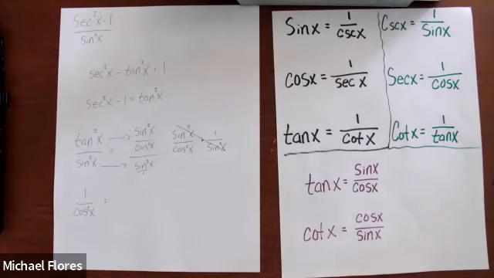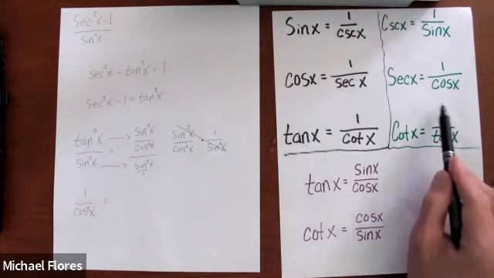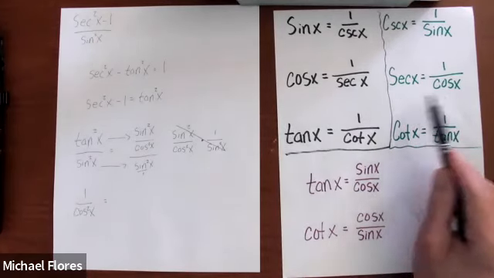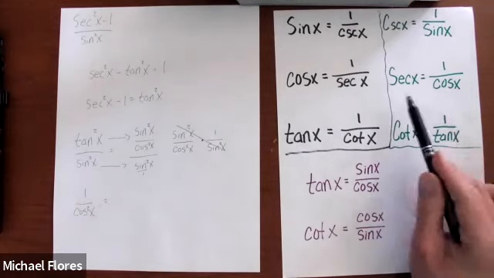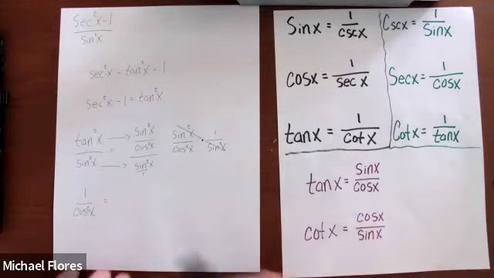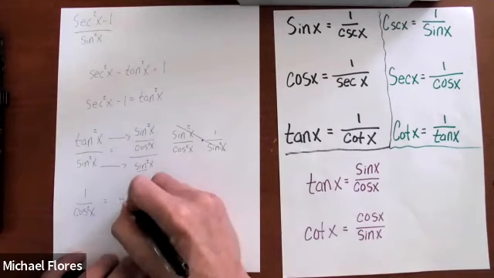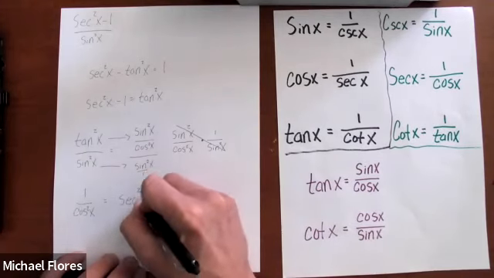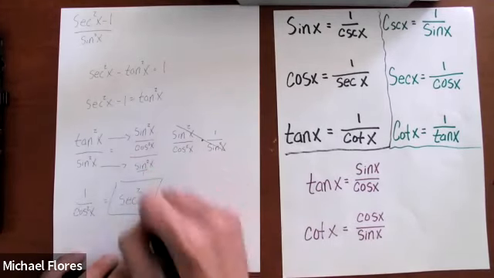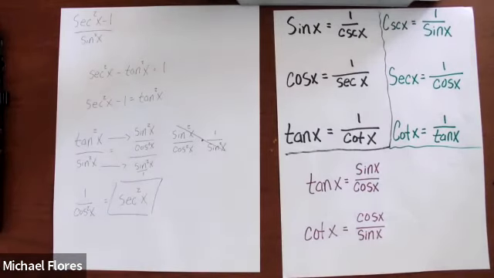We now have 1 over cosine squared of x. That's secant. Good. The reciprocal identity is secant. Well, what about the 2? We're going to keep it. Secant squared of x. If you have a square in your end result, keep the square.